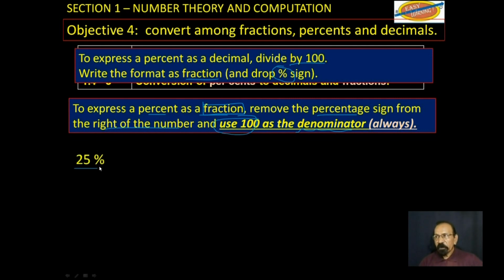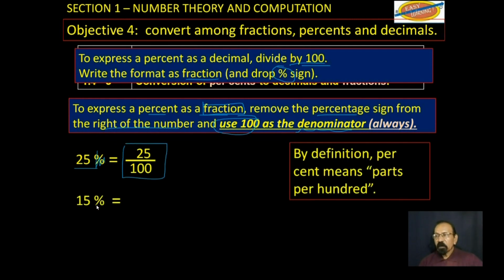25%, we drop the percentage sign, we divide by 100. But this time, we are not dividing by 100 and moving the decimal point. We are dividing by 100 and keeping it as a fraction. 15%, 15 divided by 100. Rewrite it like that, as a fraction format.